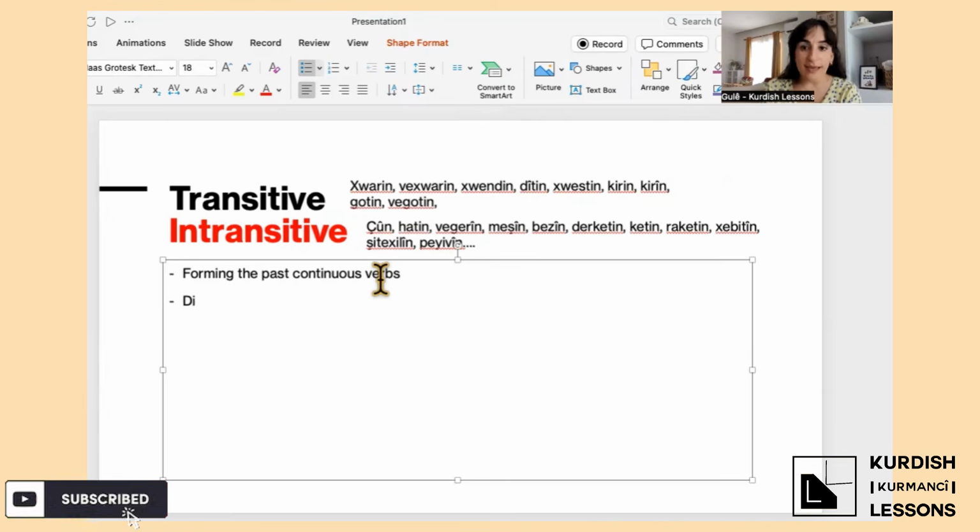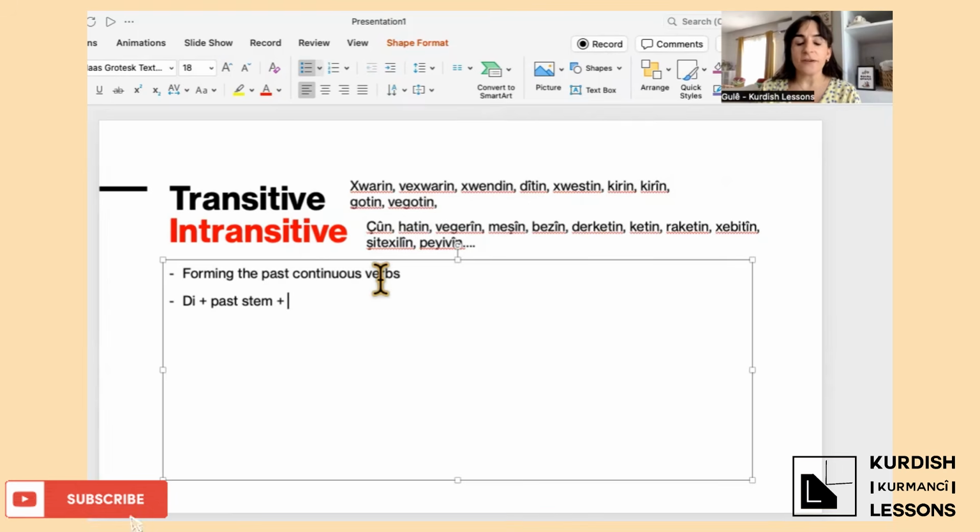It is there with the past continuous tense as well. After the prefix, you need to put your past stem. There are some rules to find the past stem. If you are not sure how to find the past stem, check the video related to the simple past tense. I will put it in the description box.